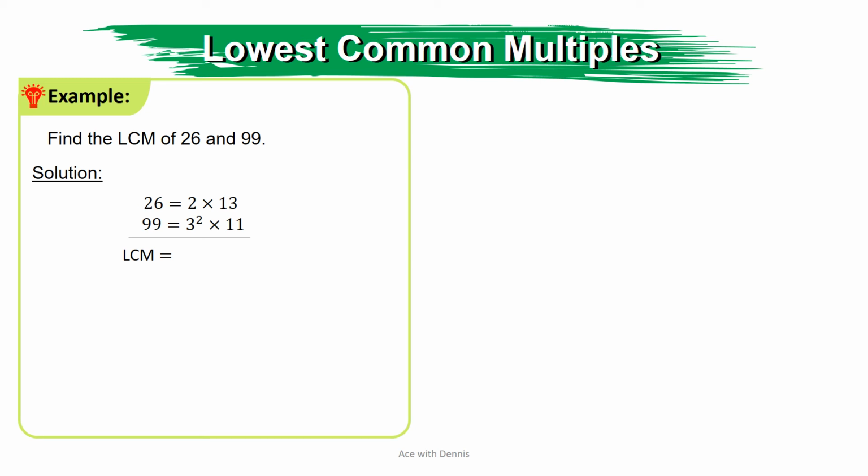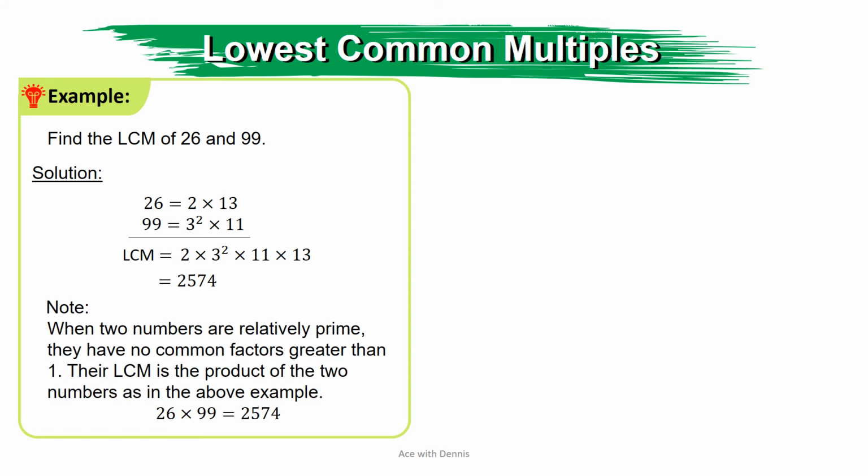So the LCM will be 2 times 3 squared times 11 times 13, which gives us 2,574. Take note that when two numbers are relatively prime, they have no common factors greater than 1. The LCM is the product of the two numbers as in the above example, which is 26 times 99, which gives us 2,574.